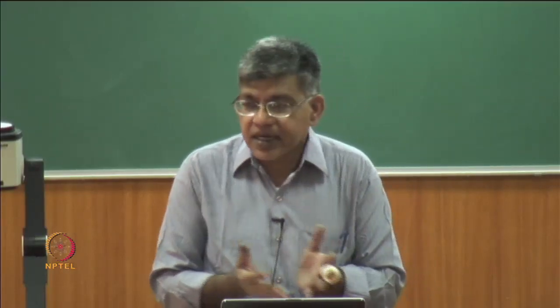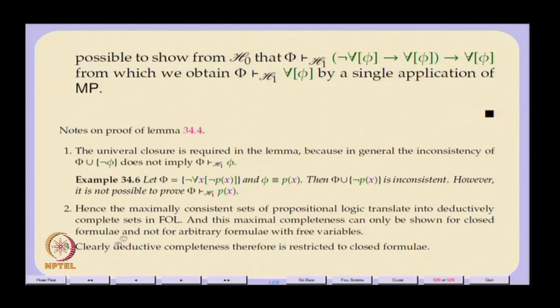So they directly translate into closed sets of closed formulae, and this is the maximal. So essentially we are restricting ourselves to just closed formulae. What can be proven using closed formulae? And our notion of completeness is also going to be restricted to that.